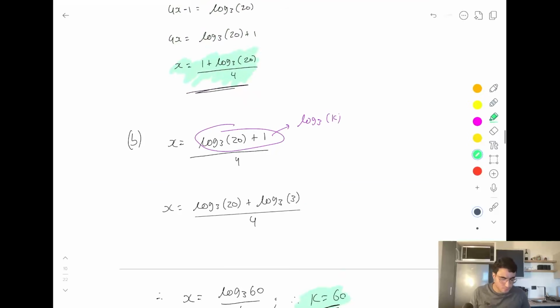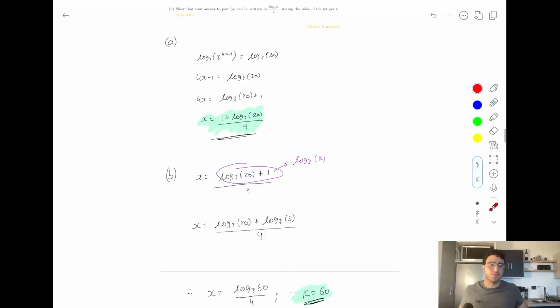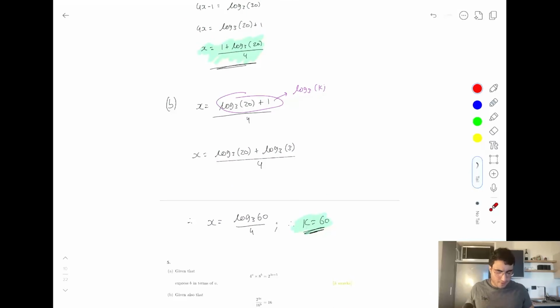So how do we do that, guys? Again, we simply did some pattern recognition, and as you can see, if they want it in this form of log 3k, we cannot have this as our form. That must mean that log 320 plus 1 is going to equal log 3k, which means that 1 must be a logarithm somehow, because when we combine it with 20, we're going to get our k, and that's what we did.